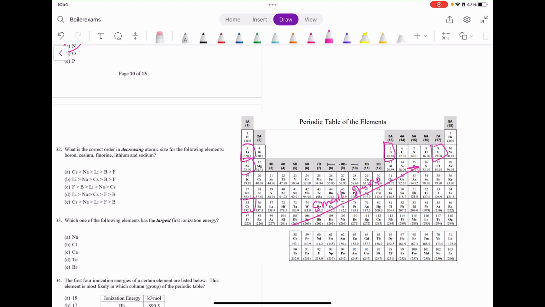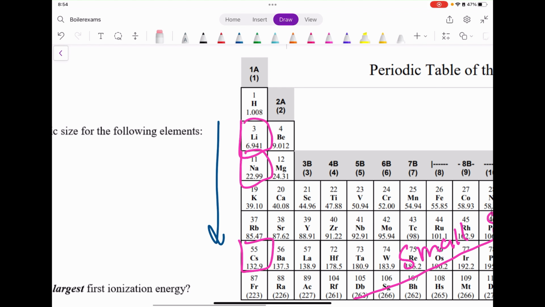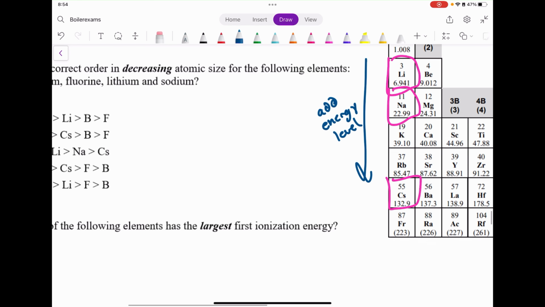Let's say why, because I think if you know why it goes that way, it makes it a lot easier to remember. So let's first look at the columns. As you go down a column, you add an energy level every single time. So when we compare lithium to sodium, say this is my lithium atom and this is my sodium atom.